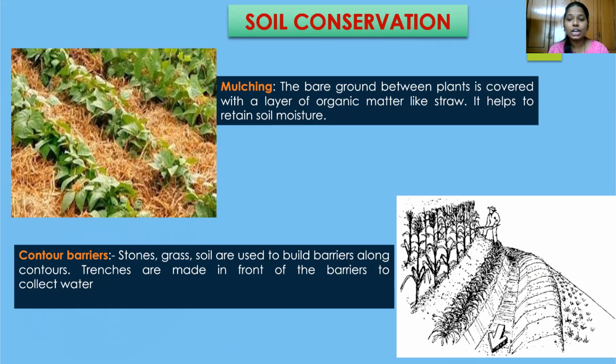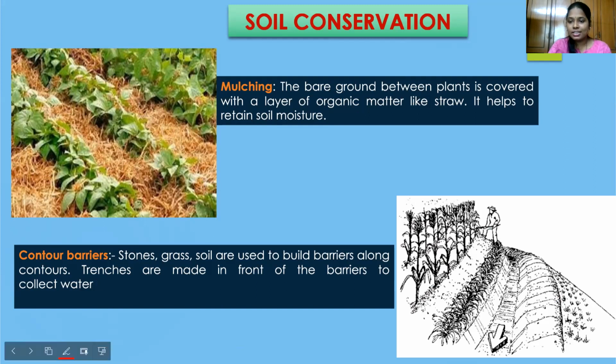And then we have the contour barrier. What is the contour? It is actually depicting the elevation. It is an imaginary line joining the same elevation. So what is a barrier? It means an obstacle. We use stone, grass, or soil to build a barrier along the contour.